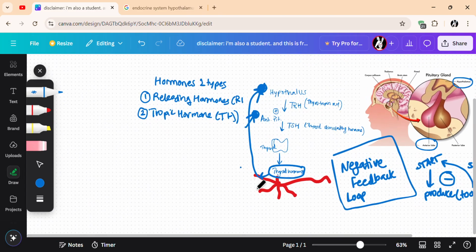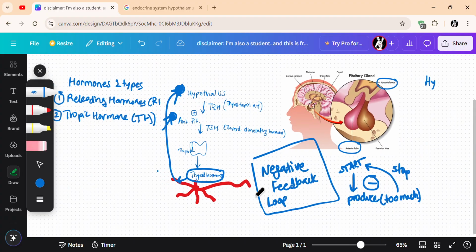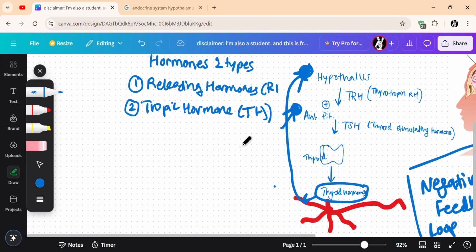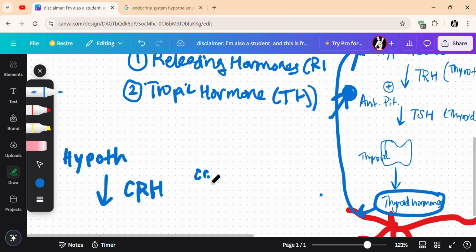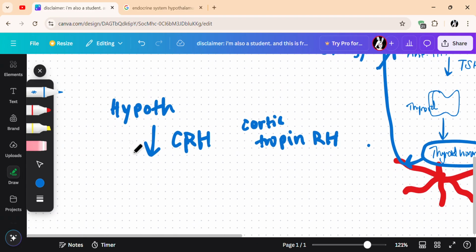Now, another very specific example we can take is CRH. Again, it involves the same structures. The hypothalamus, which I'll write as hypo-T, releases CRH, which is another type of releasing hormone, specifically corticotropin releasing hormone.